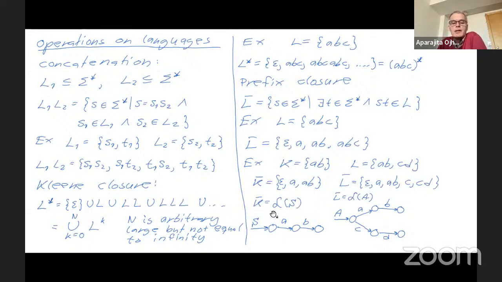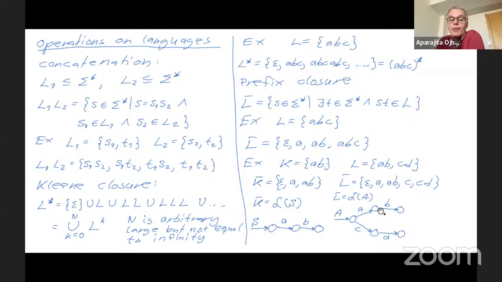Now we can say that if you have an automaton S with these events, then the language for this automaton includes epsilon, A, and AB, and this automaton has a language epsilon, A, AB, C, and CD.